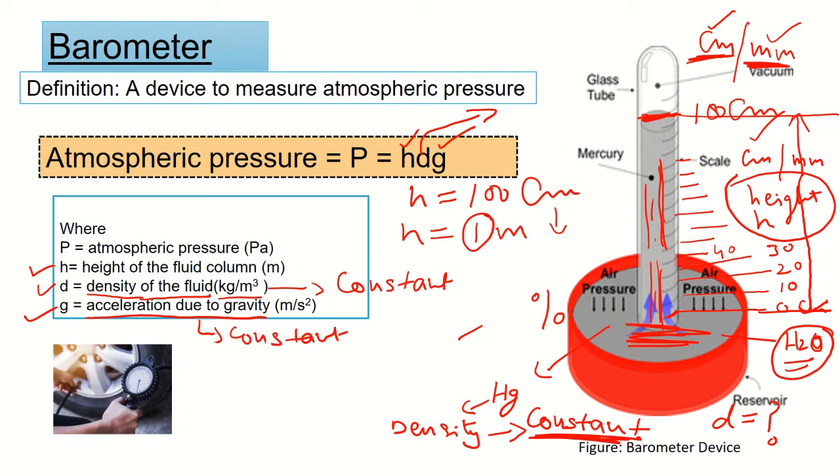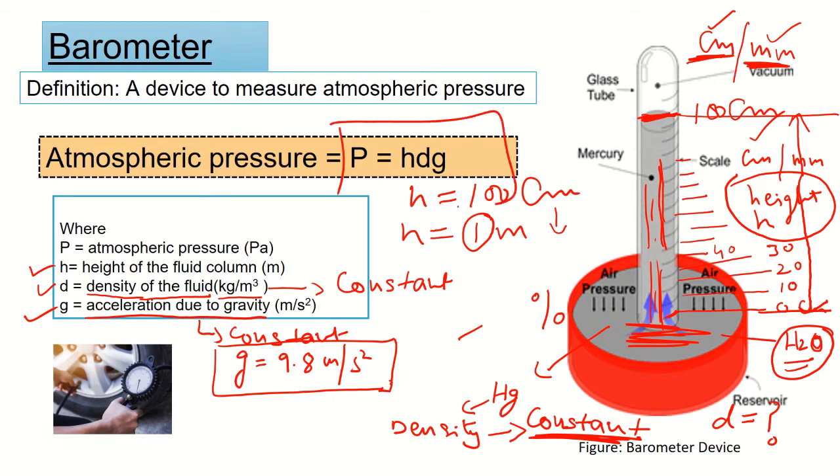The value of G is 9.8 meter per second square. This will also be given in the question, because it is constant all the time. For the earth it is constant. Now if you look at the formula for the pressure, this is H D G.